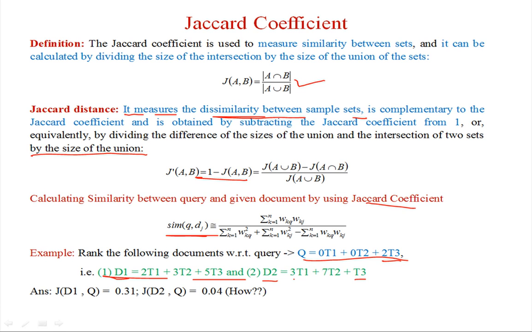Now calculating the similarity between query and given document by using the Jaccard correlation coefficient. Suppose a given query Q and document Dj. Then how can we calculate the similarity?